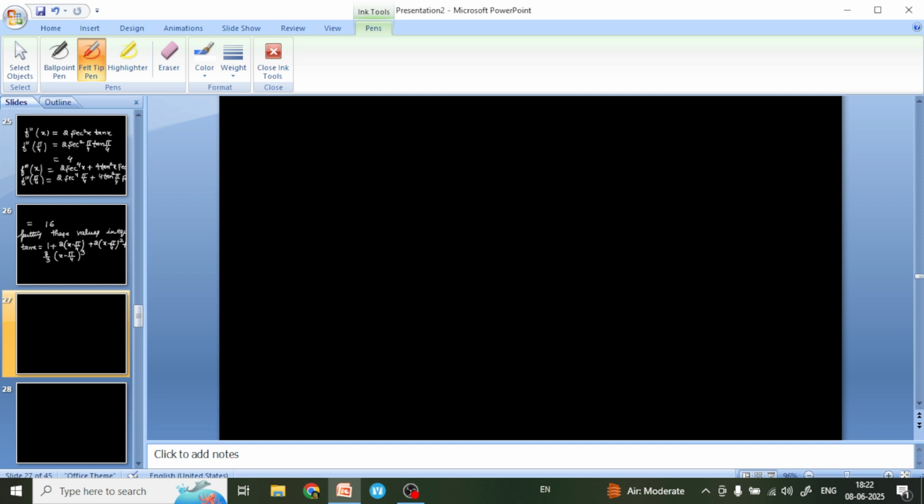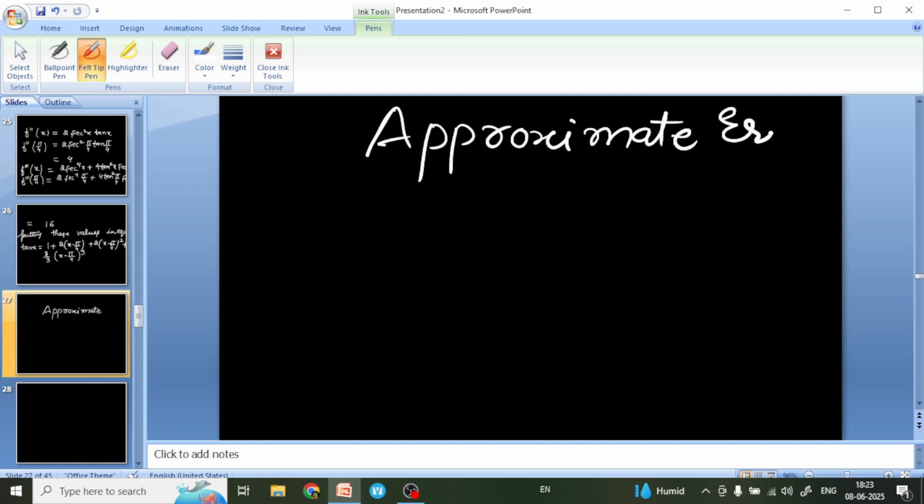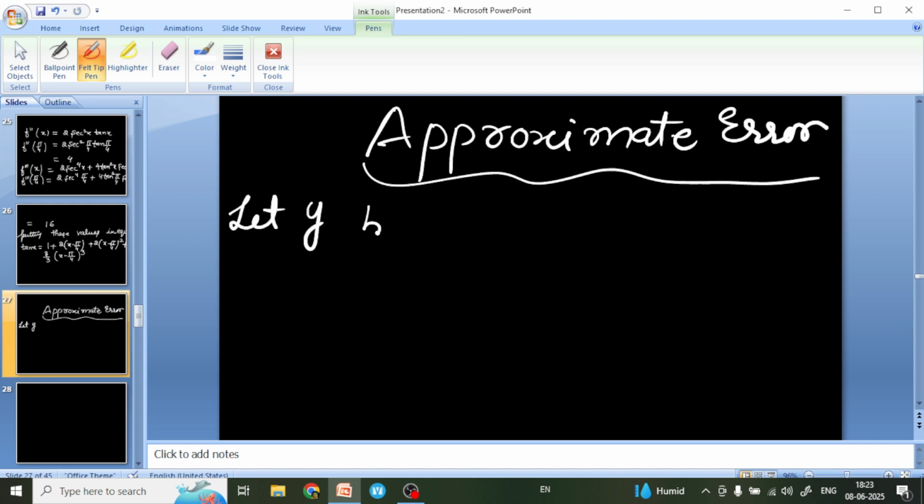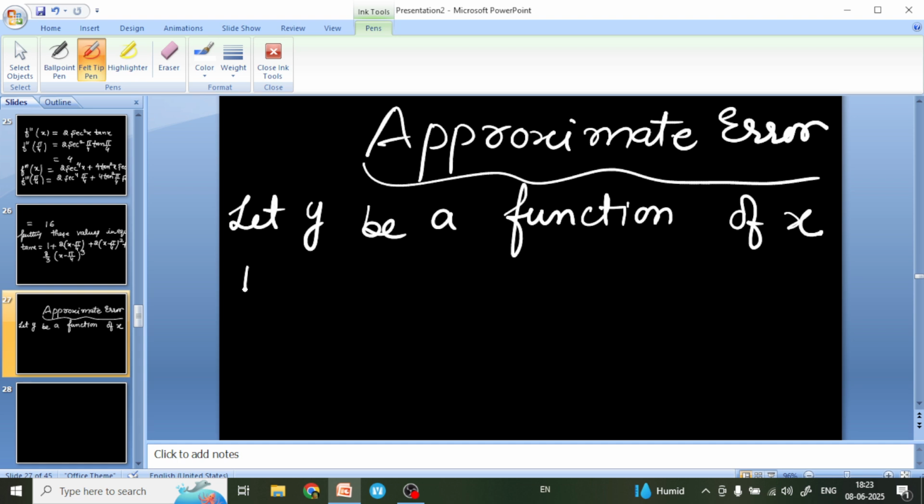Now this is your last topic, that is approximate error. What is approximate error? Let y be a function of x, that is y is equal to function of x.